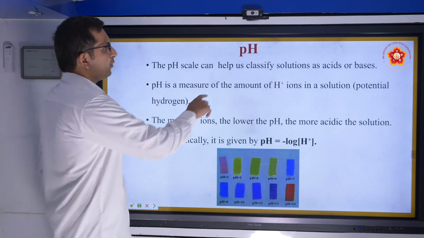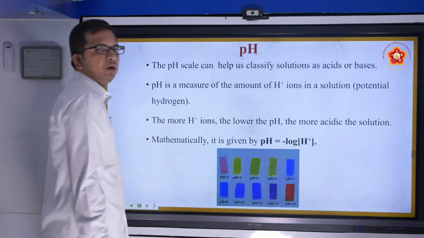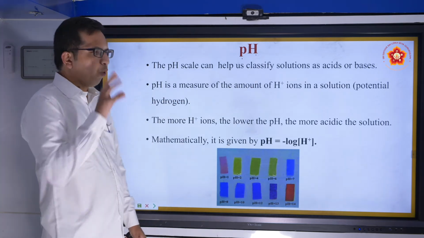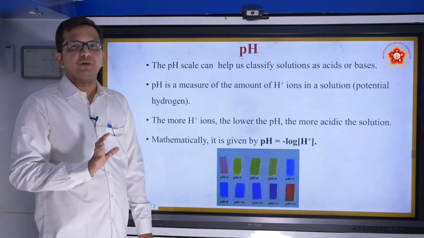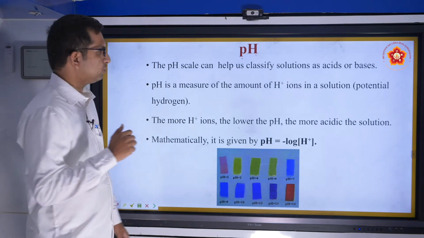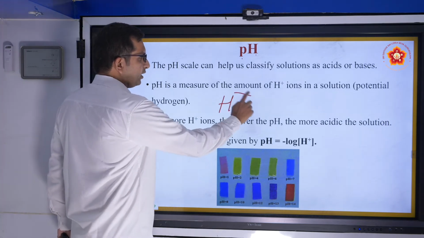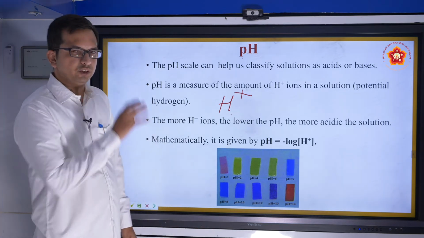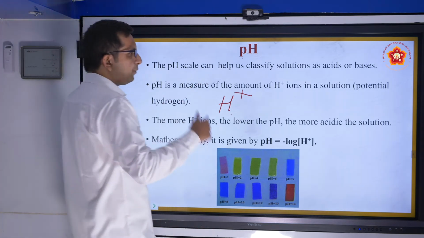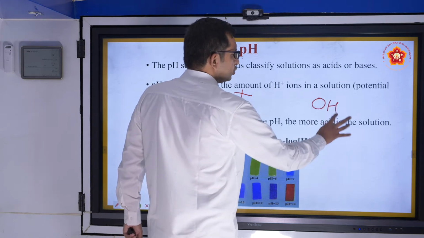Now what's the full form of pH? It is power of hydrogen. It essentially indicates the power of hydrogen ions present, and we talk with respect to this because we have already studied that acids are those compounds which give H+, and bases are those compounds which give OH-.